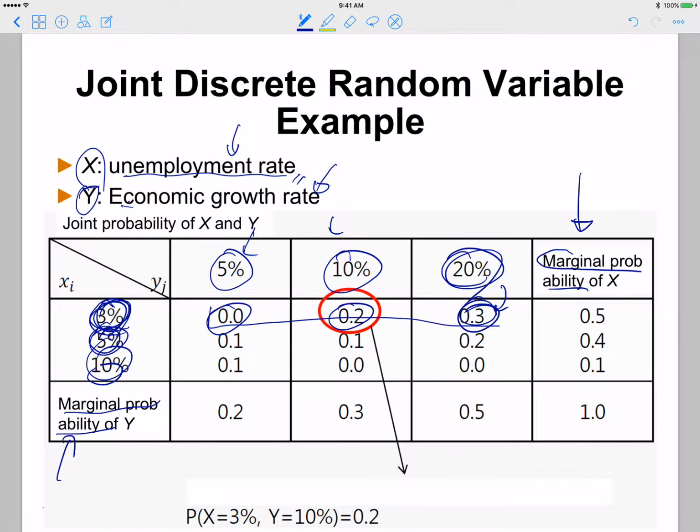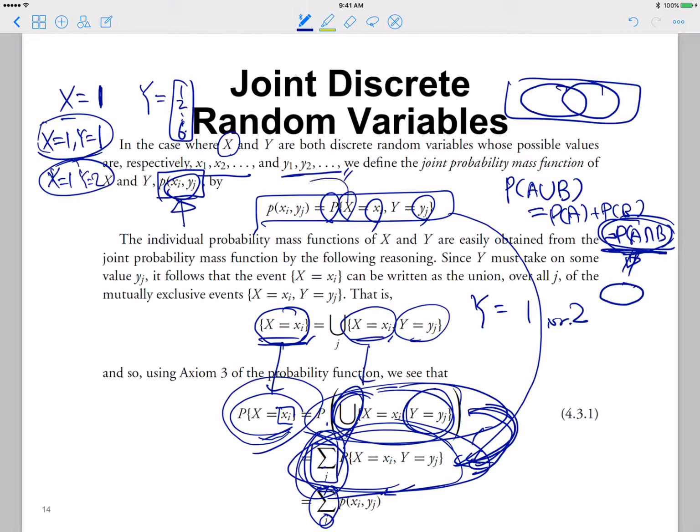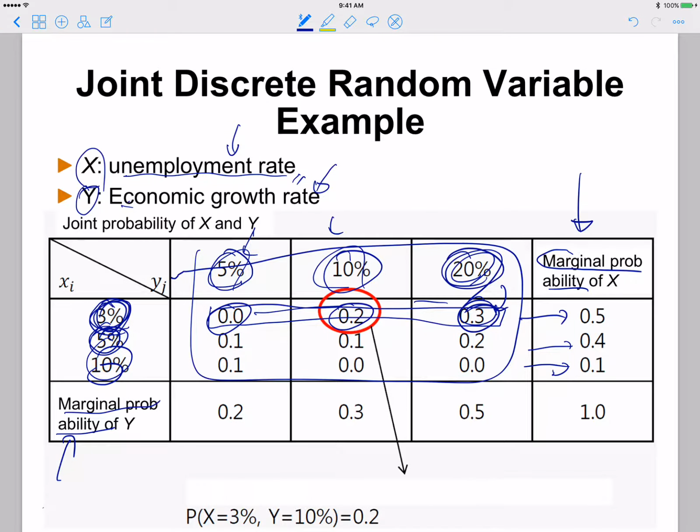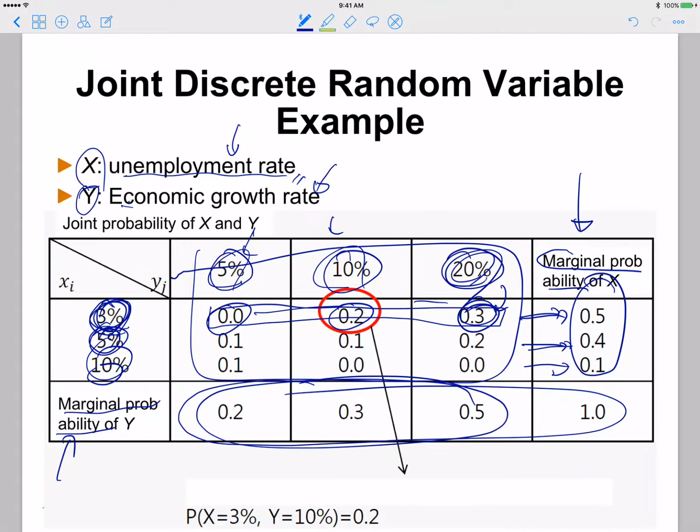Simply we sum all the possible y values and their corresponding probability values. Then it will be this value, this value and this value. From this full information, we can obtain the probability mass function or probability distribution over only the x value or y value. Those two probability distributions are called marginal probabilities.